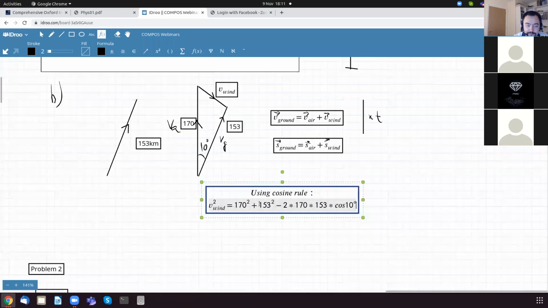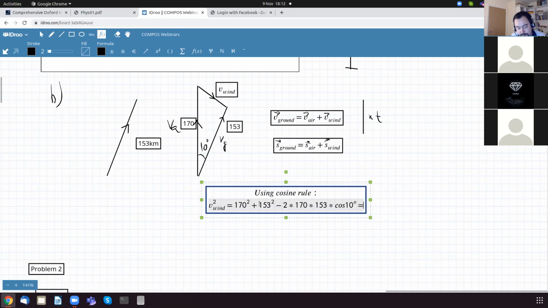You just plug this into your calculator. Always make sure your calculator is in degrees.